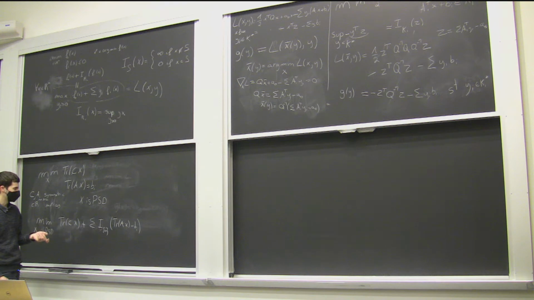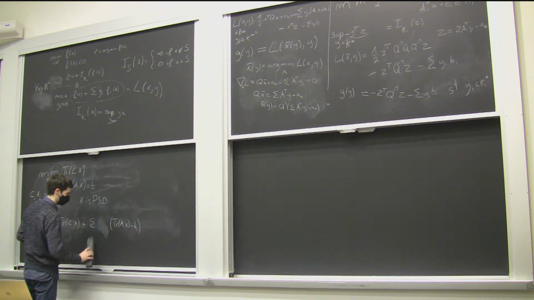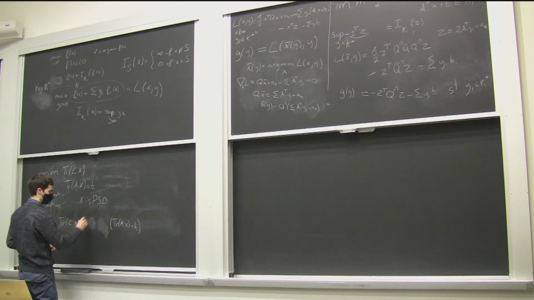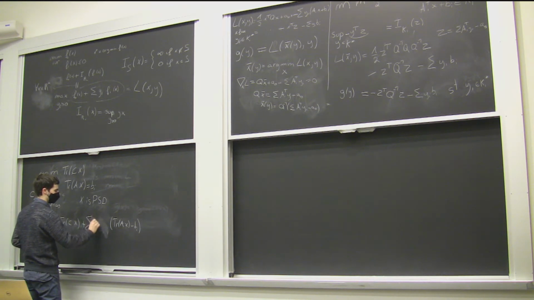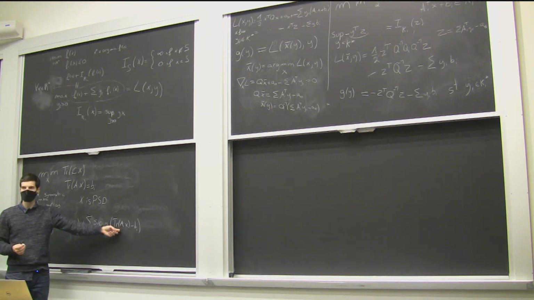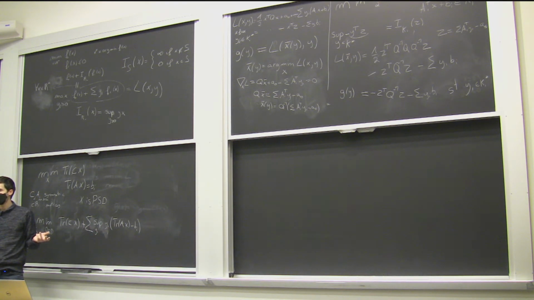In fact, I can replace it by the supremum over yi. So if this is 0, this supremum is 0. If this is non-zero, this is positive infinity. So in this case of equality, and in fact, the domain of y should always be the dual of the cone that you have.